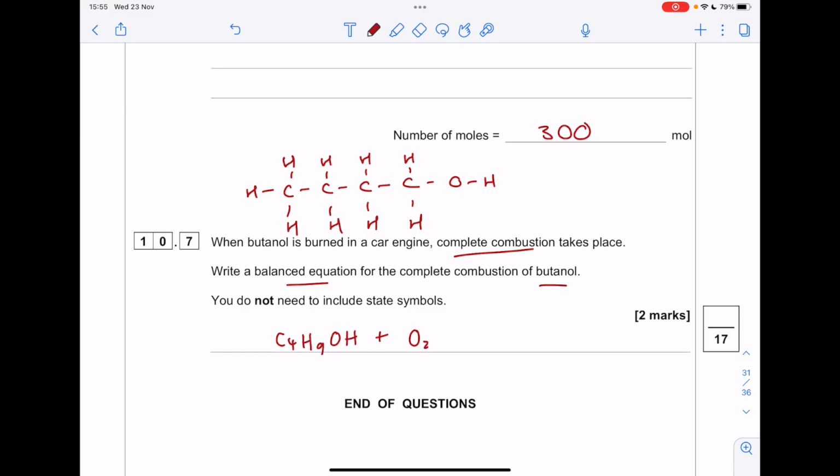Because it's complete combustion, we need a plentiful supply of oxygen, meaning that we produce carbon dioxide and water as our byproducts. And now let's balance. So how many hydrogens do we have on the left-hand side? 10. So I need a 5 here. Count up your oxygens on this side. We've got 8 plus 5, which is 13. We've got 1 on this side, which means we need to make up the remaining 12. So we need 6 O2s.